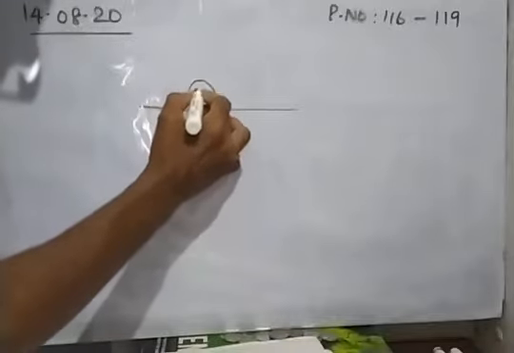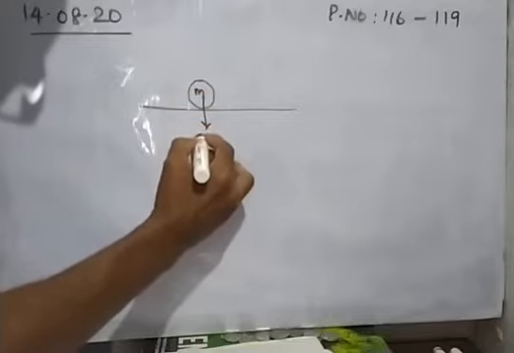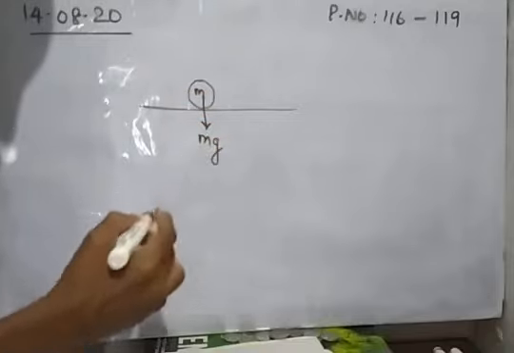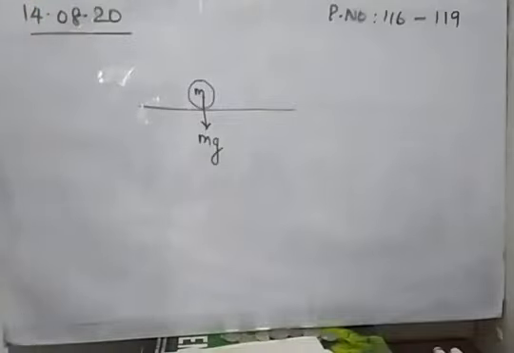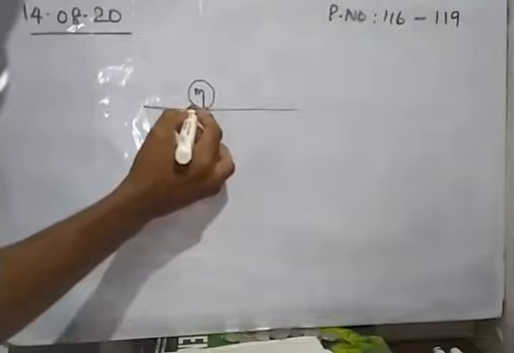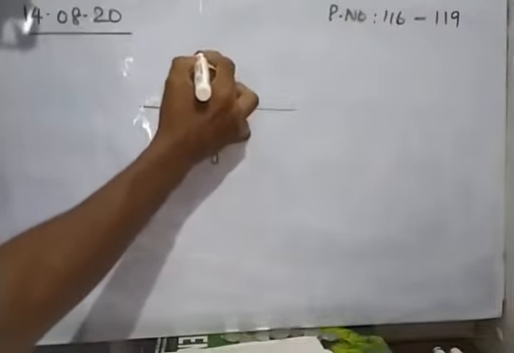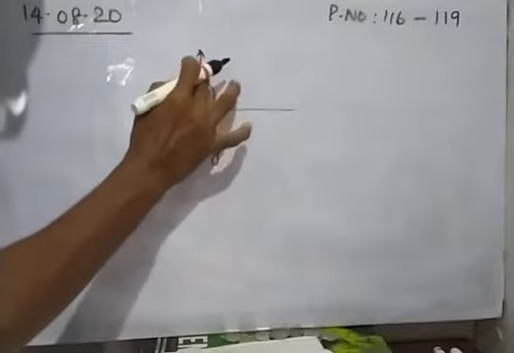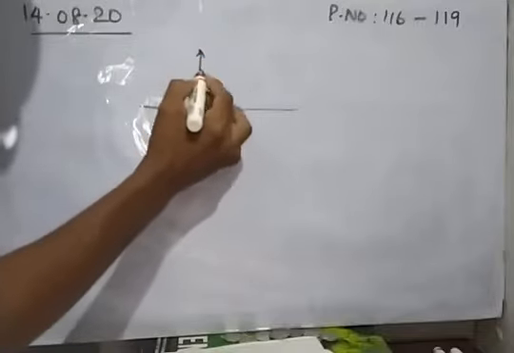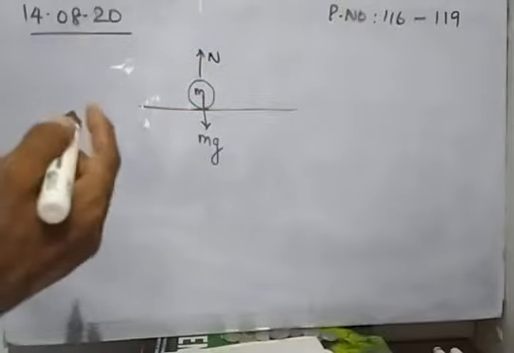Its weight acts vertically downwards, that is the gravitational force mg. Similarly, the earth applies a normal force on the object, which is upwards. Here mg and N are equal to one another but opposite in direction.